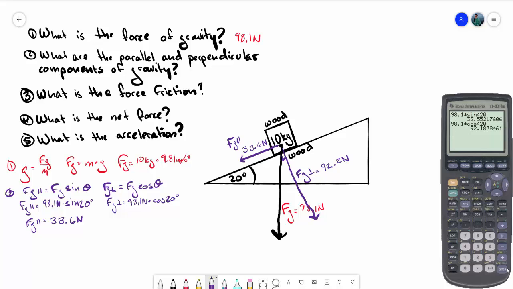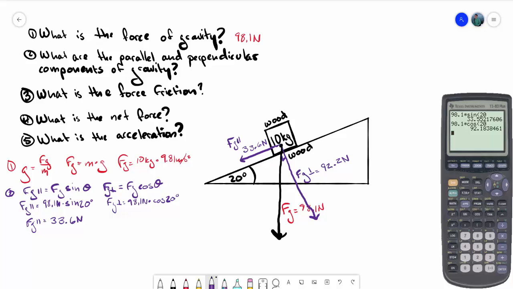And hopefully this should make sense. If you think about it, this is a small incline, right? Most of gravity would be on the perpendicular side, this region right here. Since it's only a small incline, only a small force will be pushing this block down the incline.